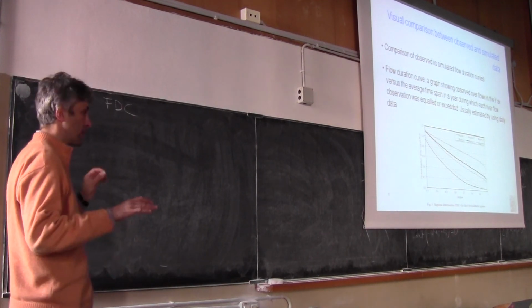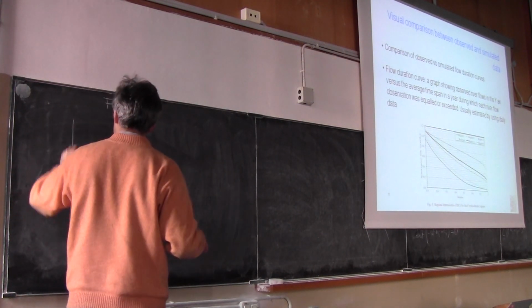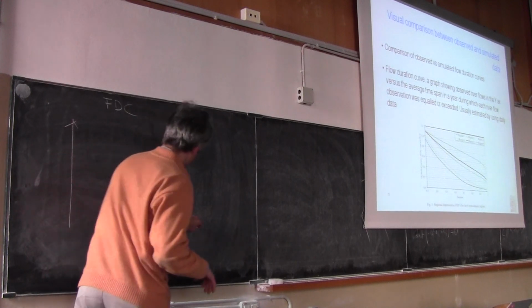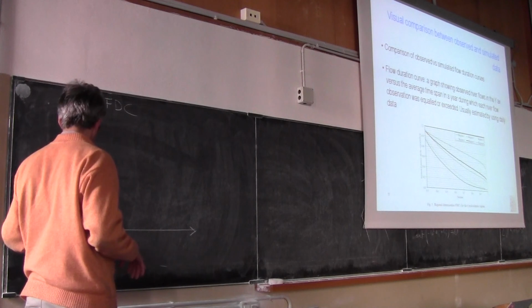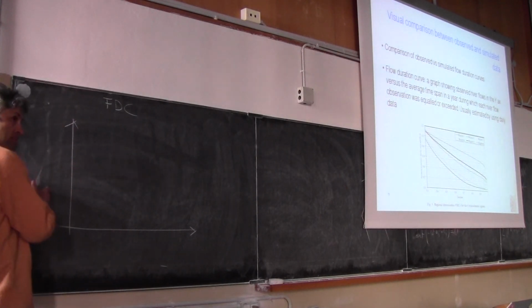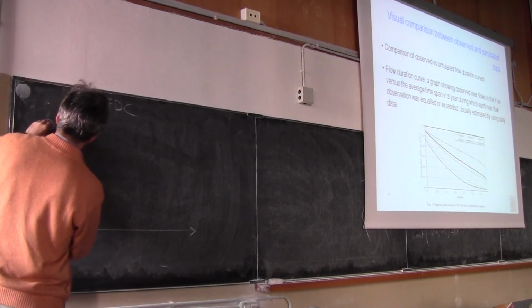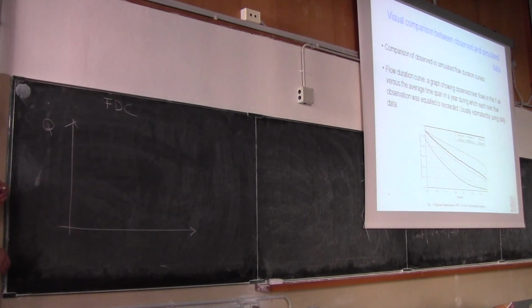And the flow duration curve is a graphical representation that reports on the y-axis the river flow, and on the abscissa the duration.